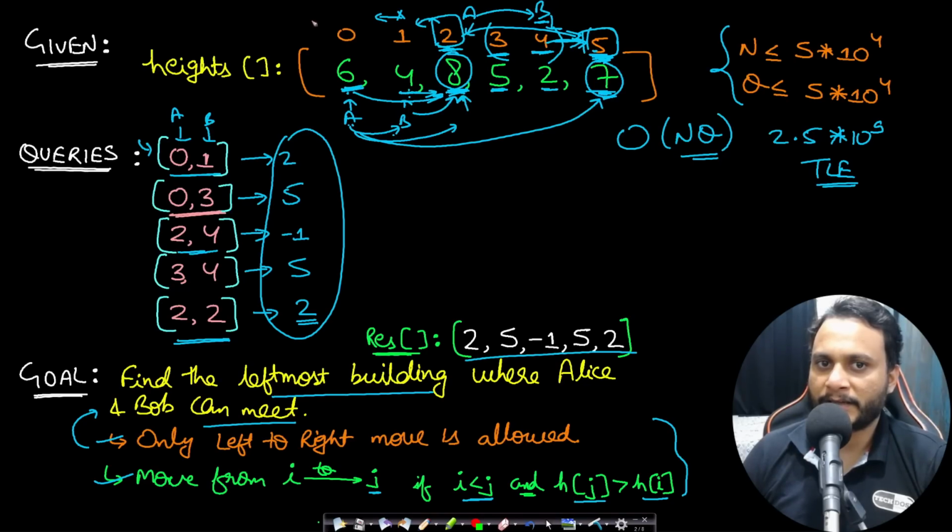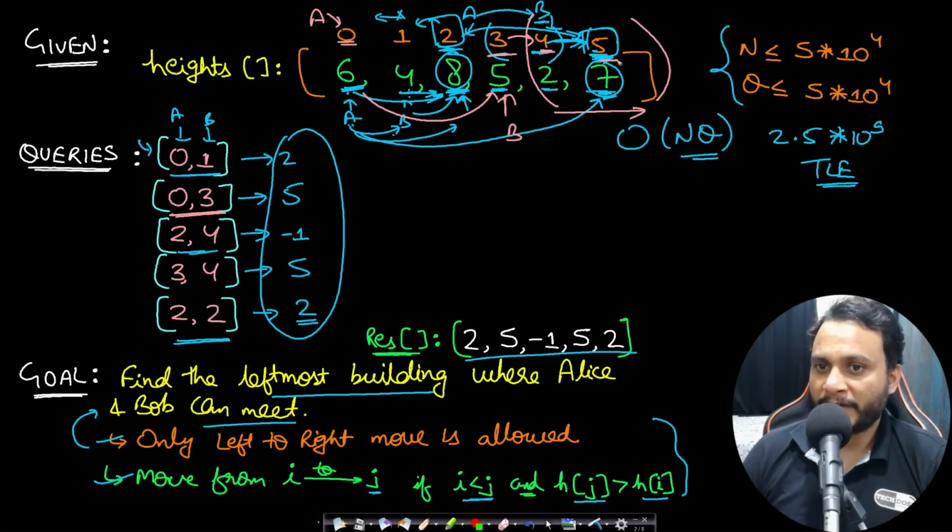When Alice was at 0 and let's say Bob was at 3, first of all, we were finding if Alice can come and meet Bob at its index, and if it was not possible, then in the rest of the segment, that means in the suffix of the array starting from Bob's place plus 1 till the end of the array, we were finding, just take the maximum of these two values, which will be 6, find the next greater element of 6. Simply find out the index of the next greater element of 6. So what is the next greater element of 6? It is 7 and its index is 5, and that is how we have entered 5 here.